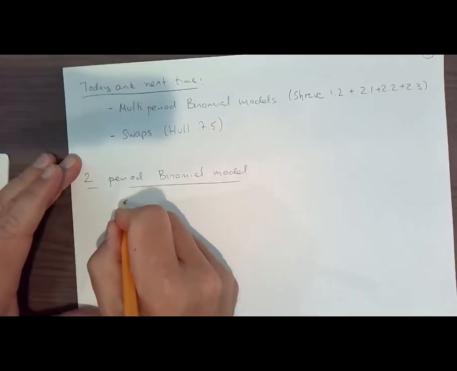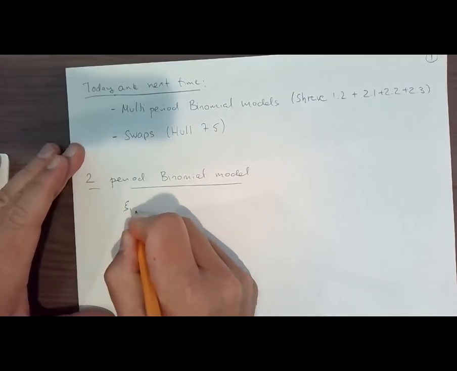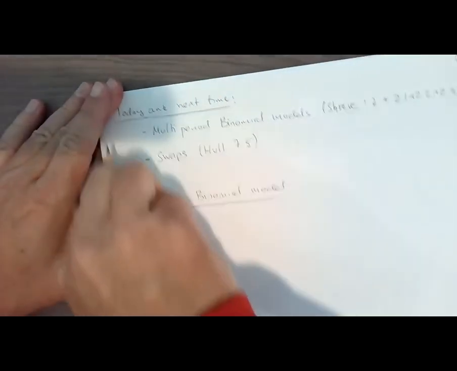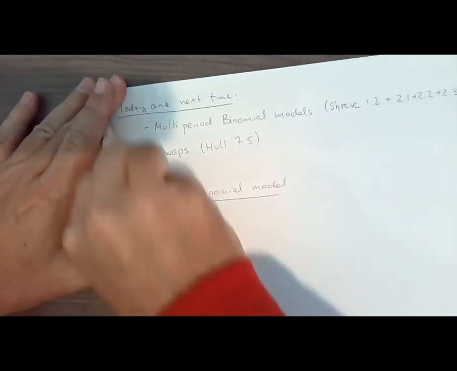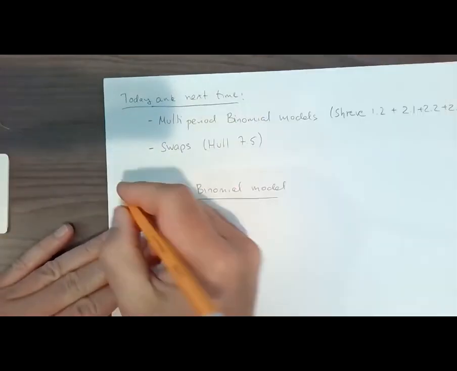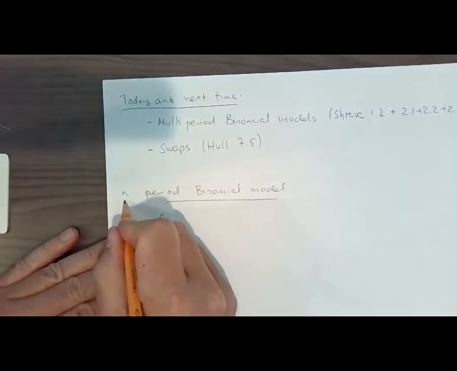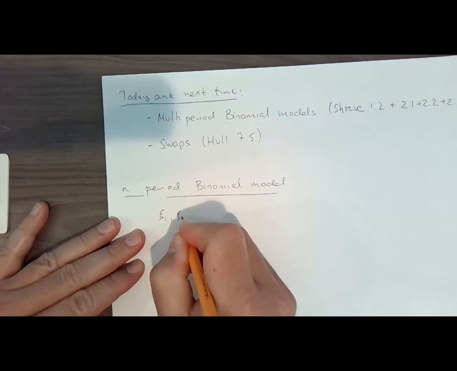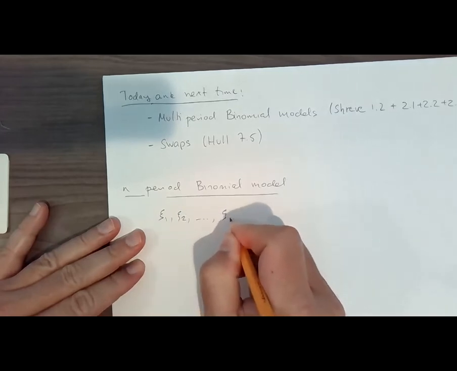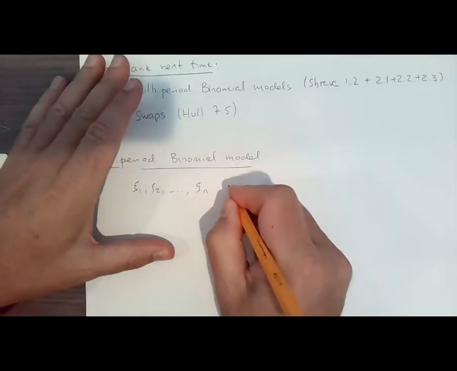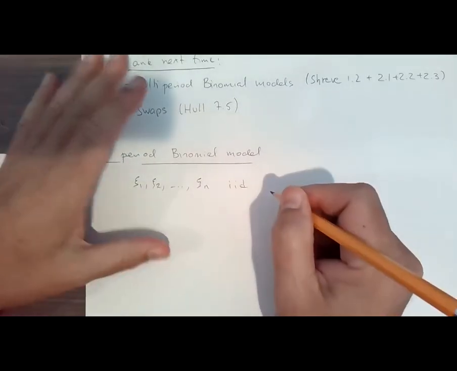I should just write it in general. The example we're going to do with numbers is a 2-period model, but I could write an n-period model here. So we have psi1, psi2, and so on up to psi n. These are IID coin flips.